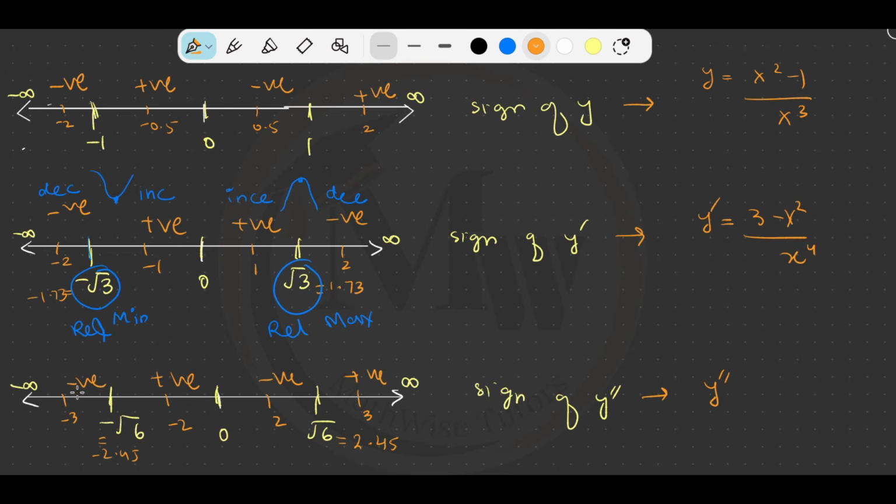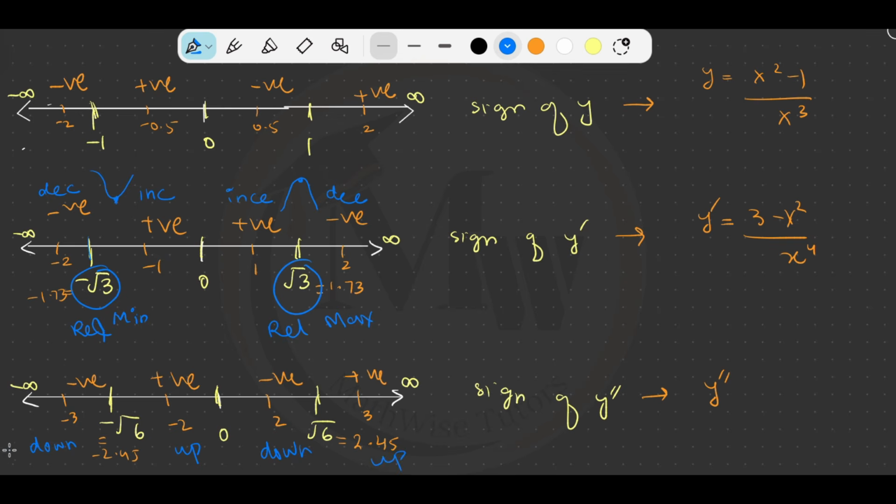When the sign is changing from negative to positive, negative means concave down, and positive means concave up. Same, positive to negative: up, and here is concave down, and here is again concave up.